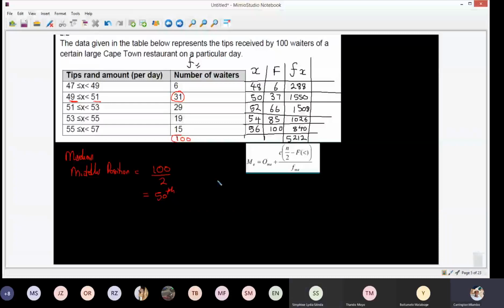You can just look and tell me. Position 50. We look at the frequencies, not x. It lies in which interval? Position number 50.